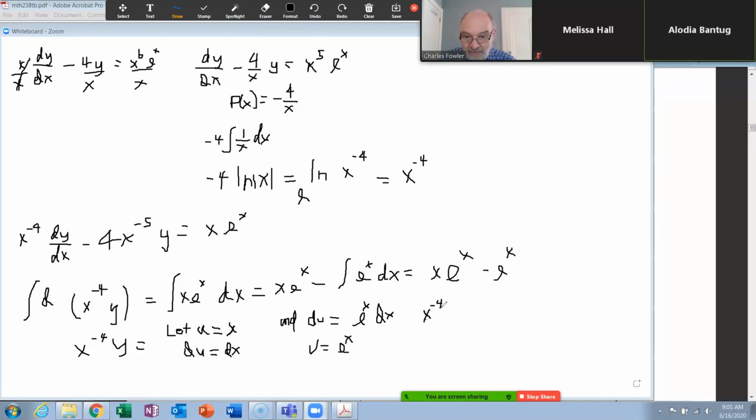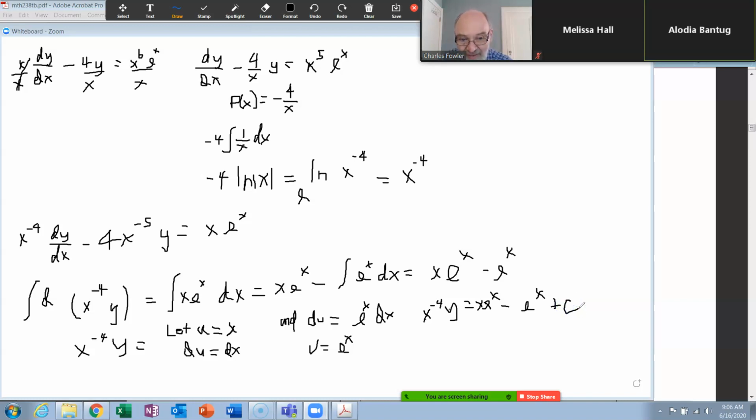So x to the fourth times y is equal to x e to the x minus e to the x, and this is where you put in your constant. I'm trying to think what's the best constant. I think just a plus c will do in this case. If not, we'll change it later, okay?